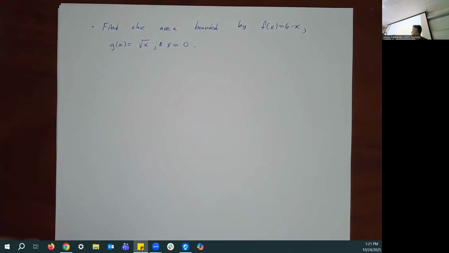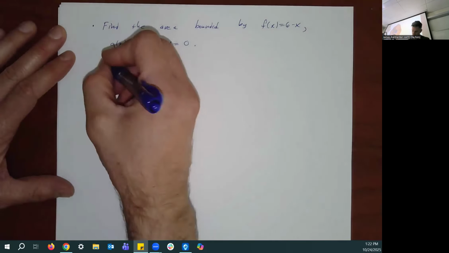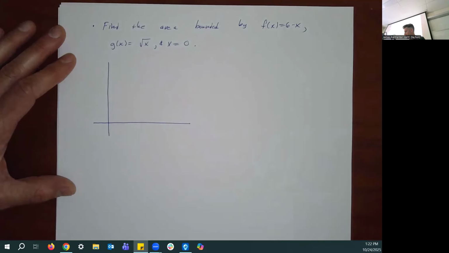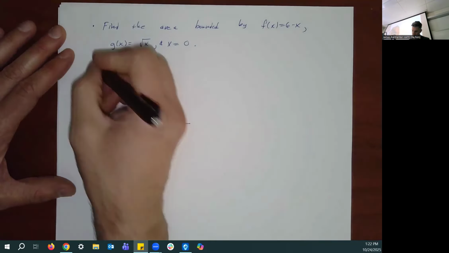And here, you really have to draw it, or you're just kind of stuck. So drawing this region, I've got my 6 minus x, which is a straight line. Looks like that.